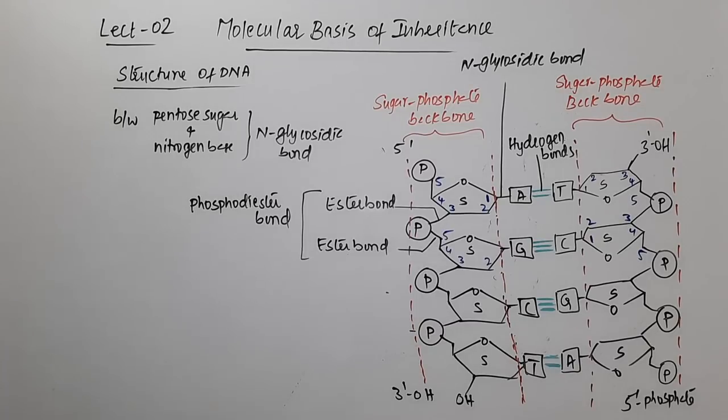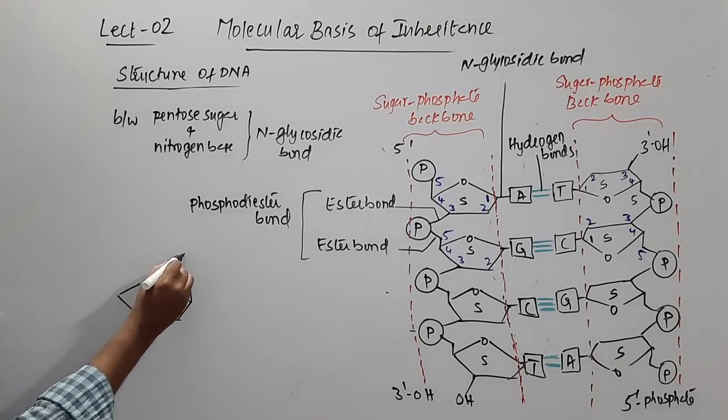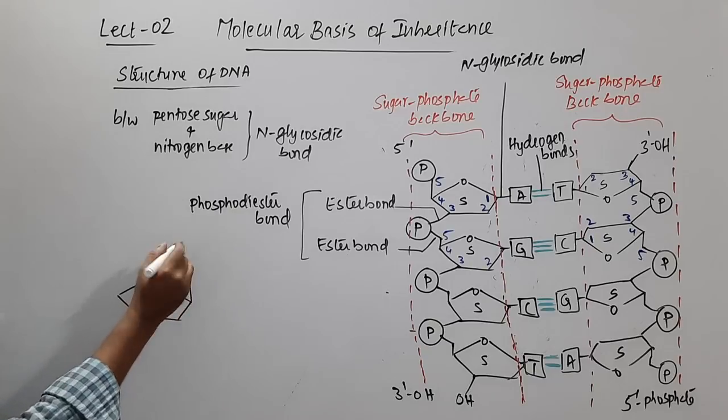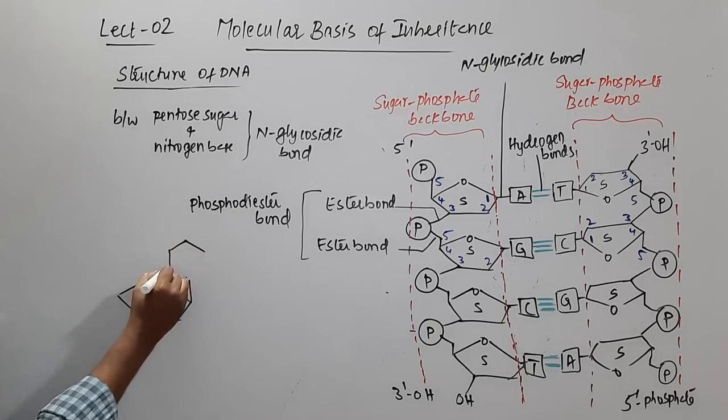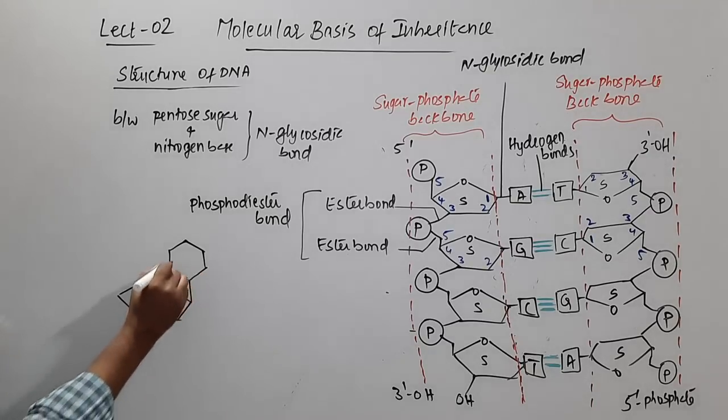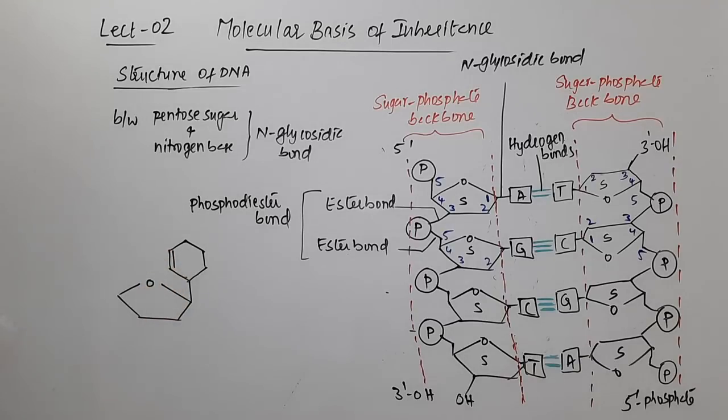And now I'll show you a little detail on this. Here we have the pentose sugar, and I told you a nitrogen base is attached here. I'm going to take a single ring first, in this case a thymine.